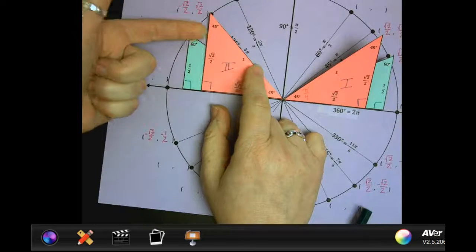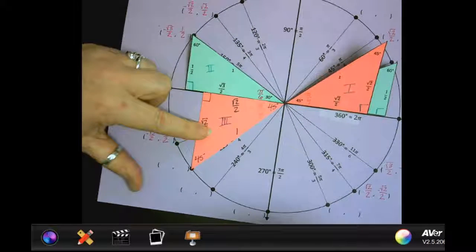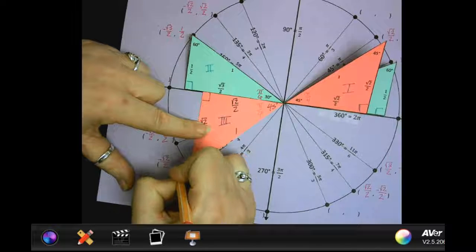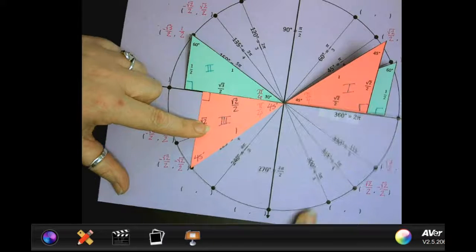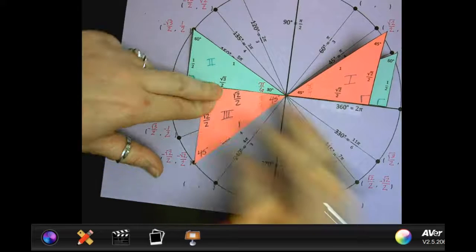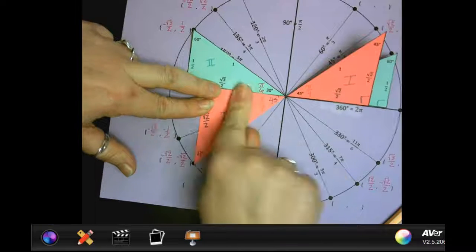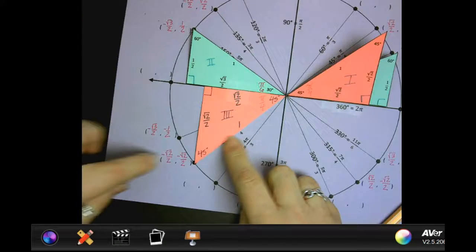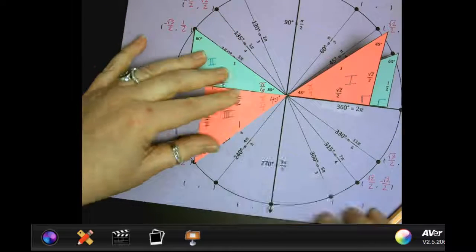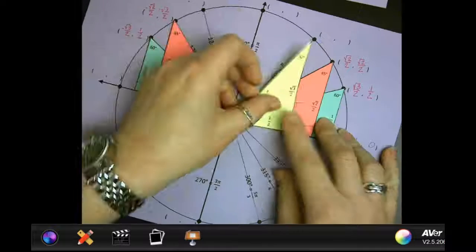When I reflect in the x-axis, all I do is change the sign on y. So it stays negative square root of 2 over 2, and then negative square root of 2 over 2. Great. Here. Hold it. Yep. Quadrant 1 yellow triangle. Put it down.